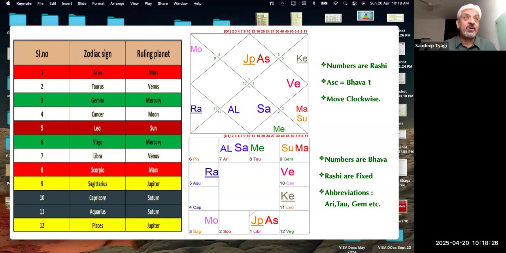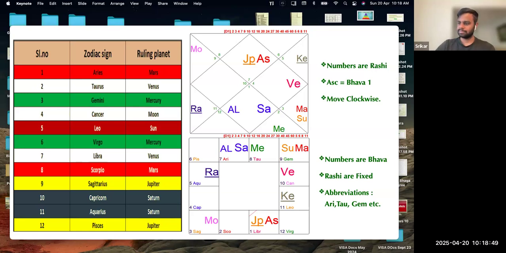So there was a solar eclipse recently, right? And there was another one which happened when Donald Trump was born. So he was born on a solar eclipse. We'll also look at how, in a chart, you can distinguish between a solar eclipse versus a lunar eclipse. You can make that differentiation by looking at the chart.